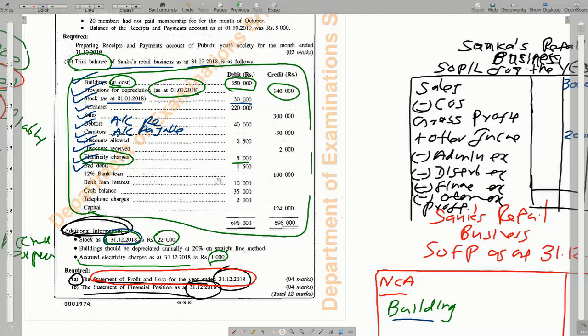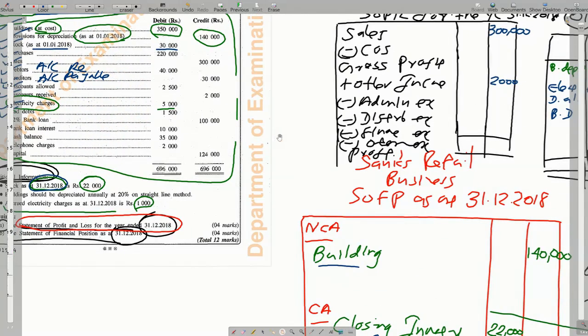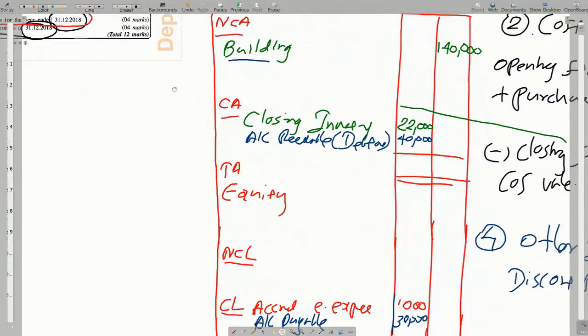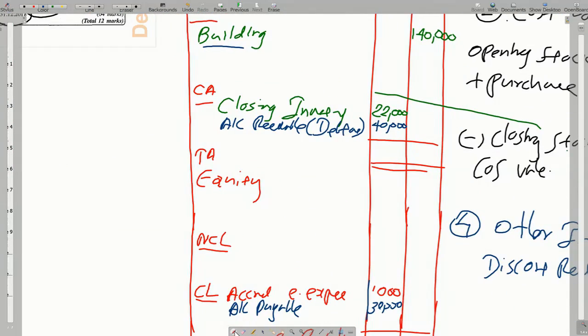But here, normally the bank gives more than 1 year to settle the bank loan. Therefore that bank loan we can identify under non-current liabilities. Under non-current liabilities you can write bank loan. It's about 100,000.